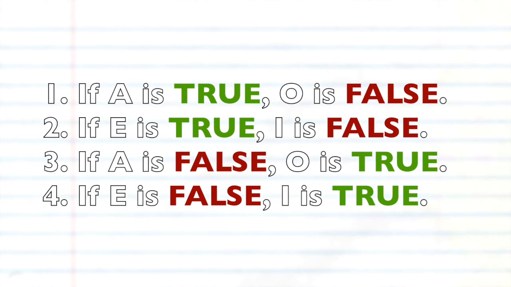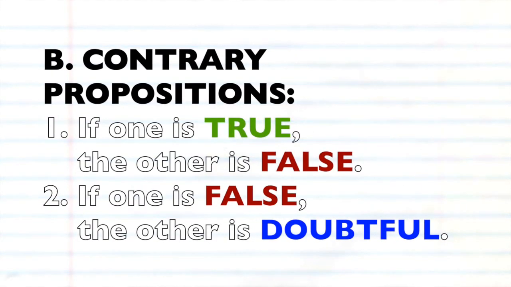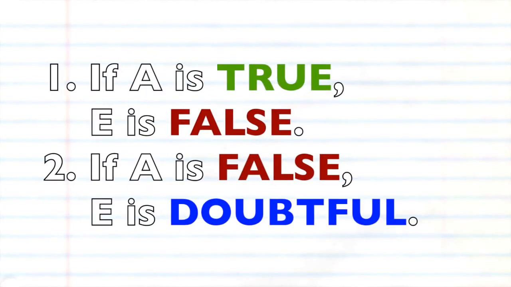If A is false, O is true. If E is false, I is true. B. Contrary propositions. If one is true, the other is false. If one is false, the other is doubtful. Examples: if A is true, E is false. If A is false, E is doubtful.